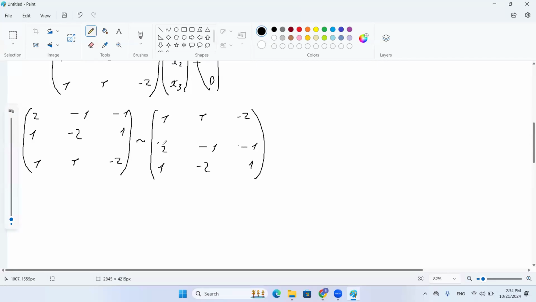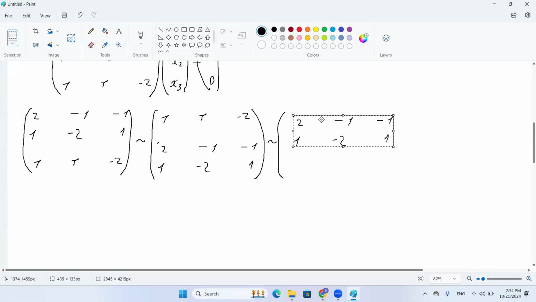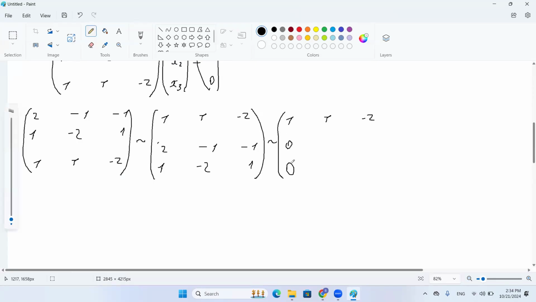We don't calculate the determinant now. It is important for determinant. Okay. So this row without changes. So here we have zeros.